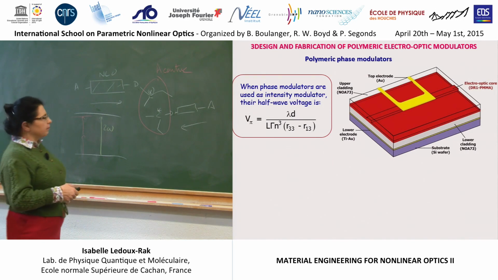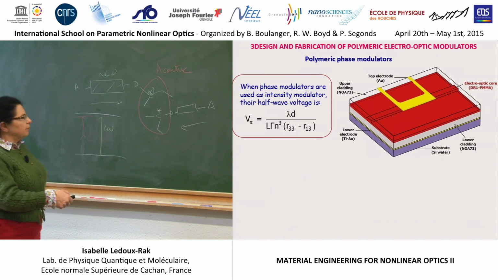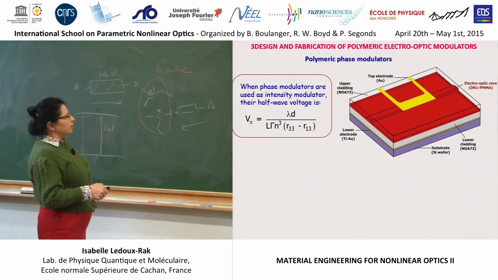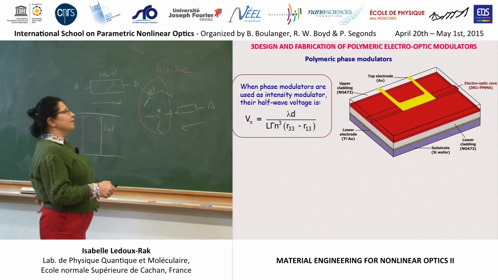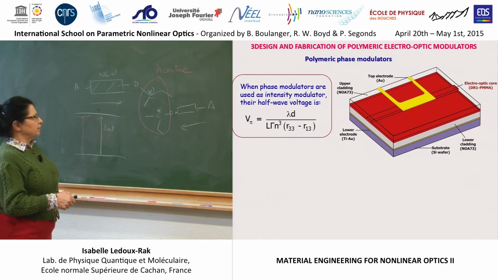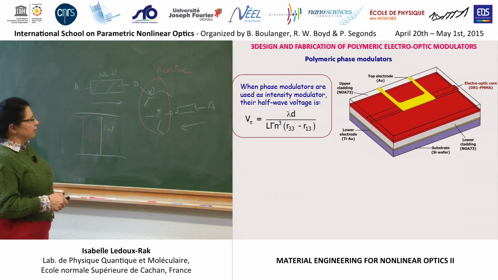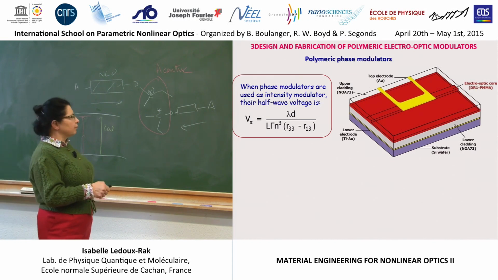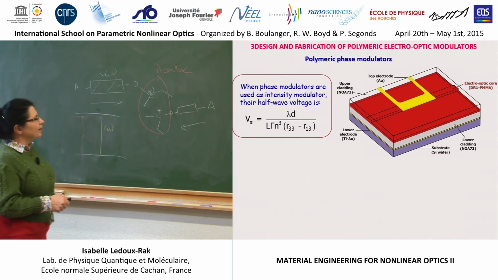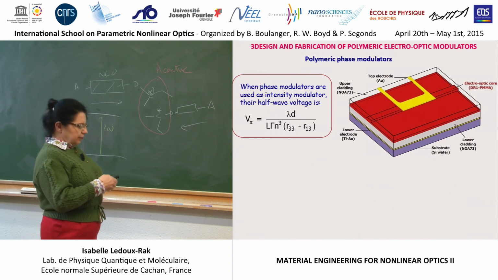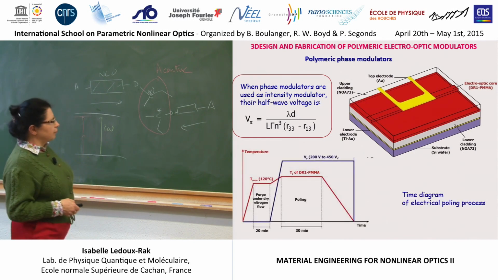You can see that for polymers, the main interest will be the high electro-optic value of these terms, because refractive indices are relatively low compared to other materials. So a low refractive index is not really in favor of a low V-pi, but this nonlinear response will strongly help.